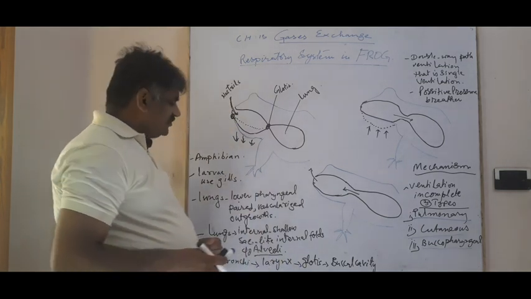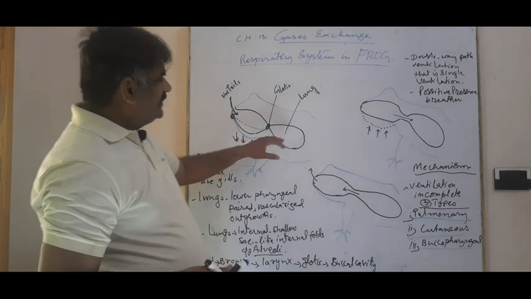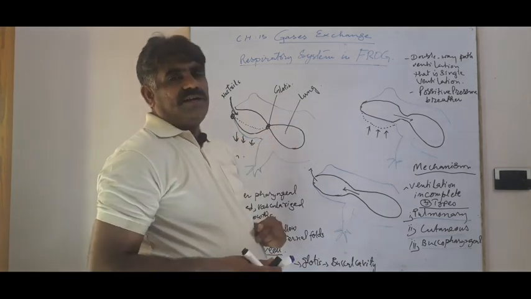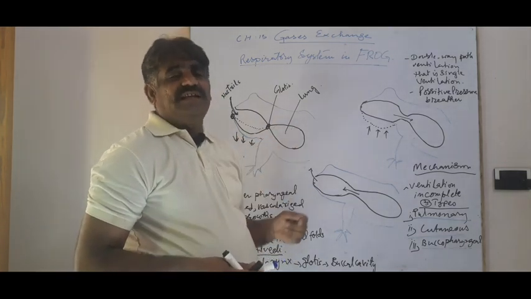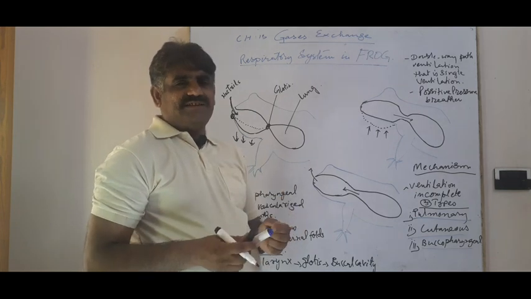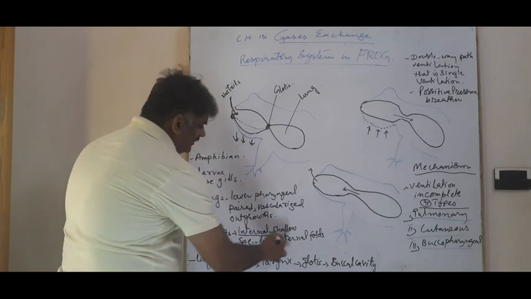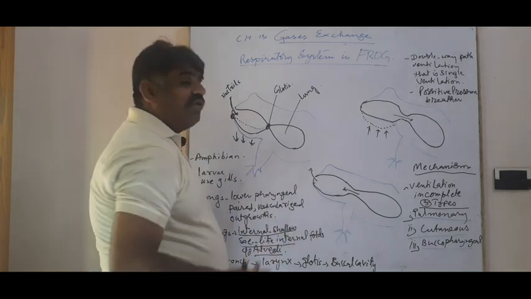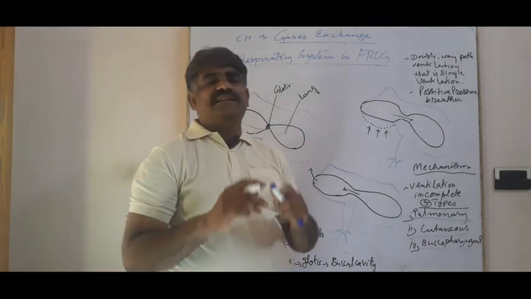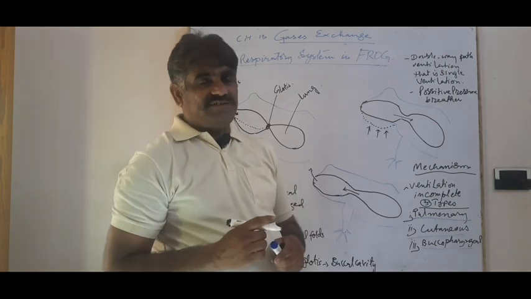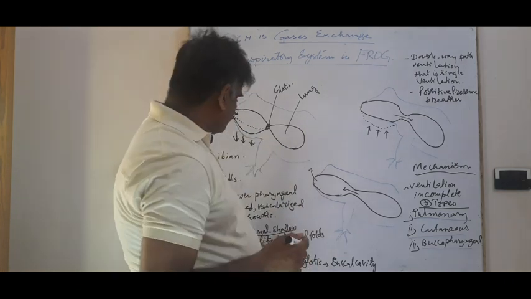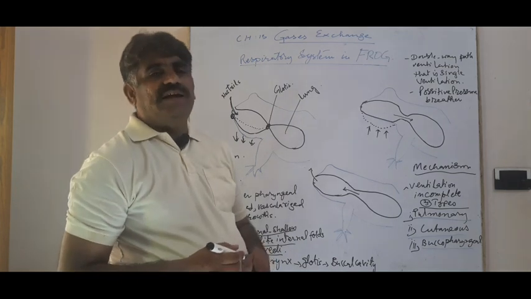But one thing we should know is that the lungs are balloon shaped but have many internal sac-like structures which are very shallow. I have written here that they are internal shallow sac-like foldings which help to increase the surface area for gaseous exchange. These sac-like structures are called the alveoli.